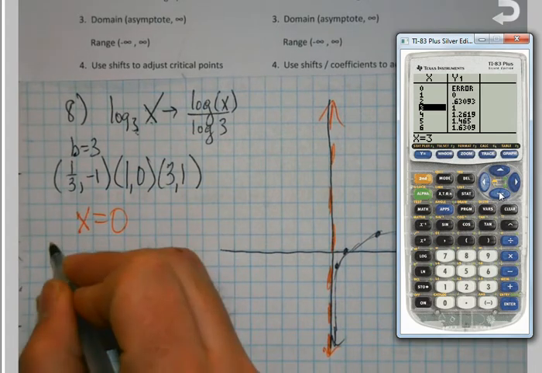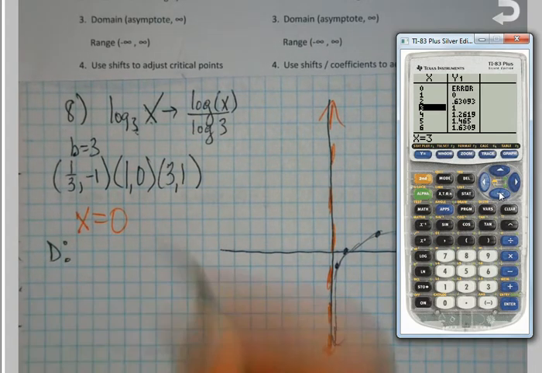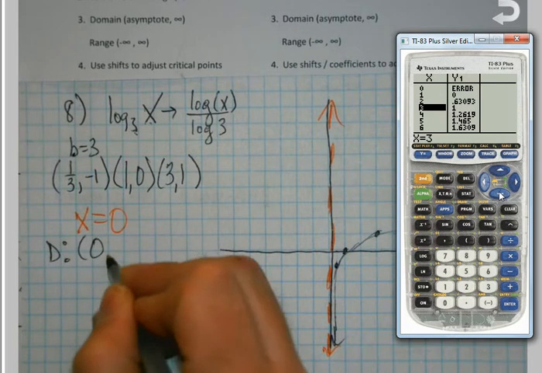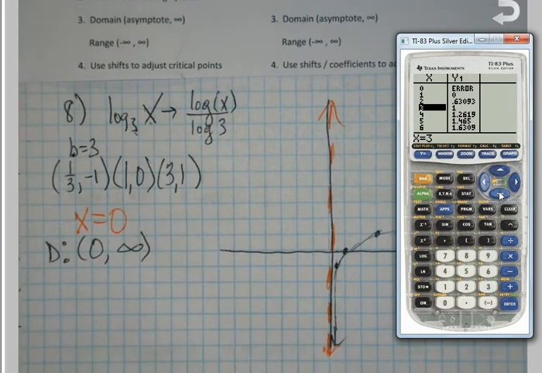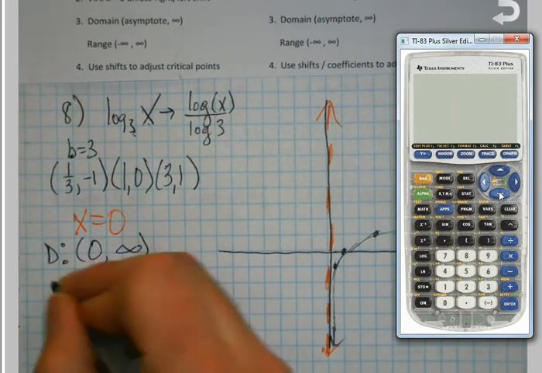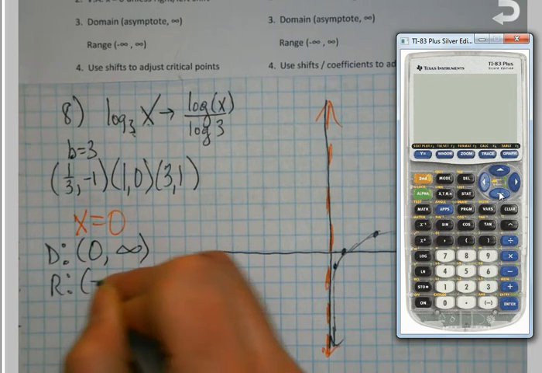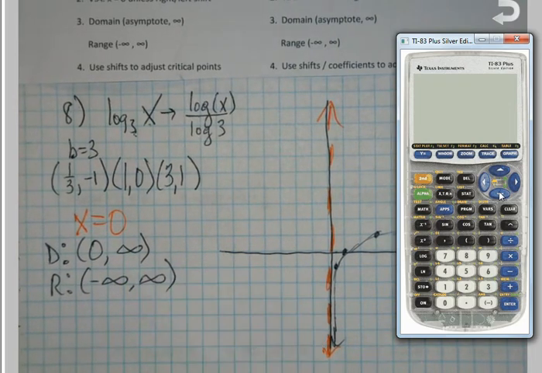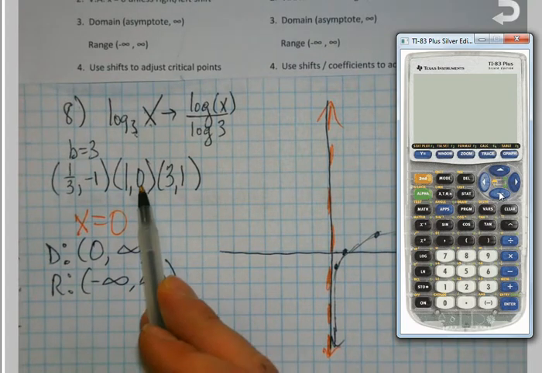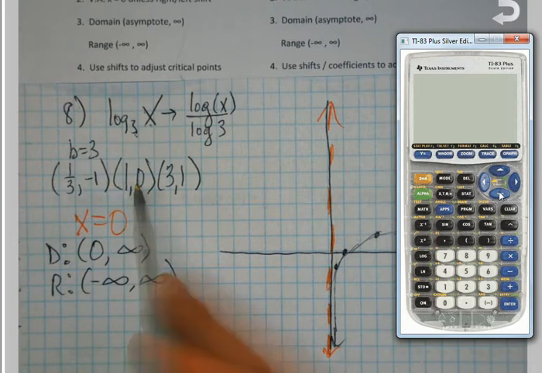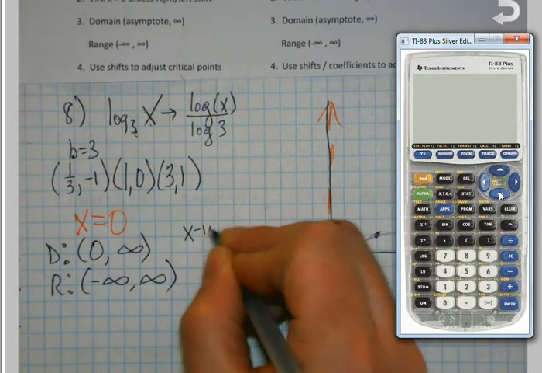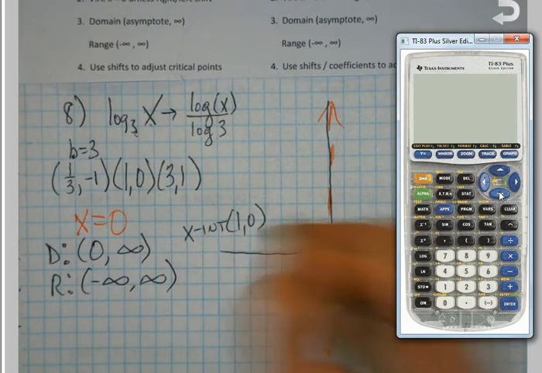It doesn't change my domain, which is just my asymptote value to infinity. And it doesn't change my range, which is going to be negative infinity to infinity. Those types of things don't change at all, and since I didn't have to play with an x-intercept here, because I see my y value there is 0, my x-intercept is still straightforward.